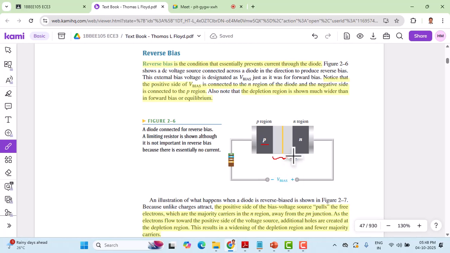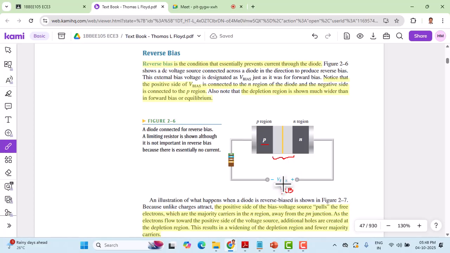Okay, so when you want to reduce the barrier, you must apply the bias in the forward direction. When you apply the reverse voltage here, the depletion region expands, and this type of bias is called reverse bias. So reverse bias is a condition that prevents current through the diode. When you want to avoid the current through the PN junction, then you can connect it in this way.